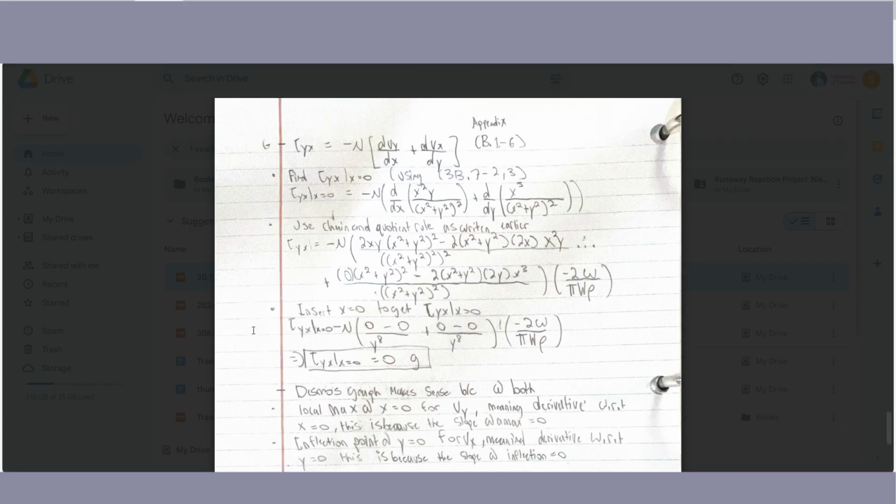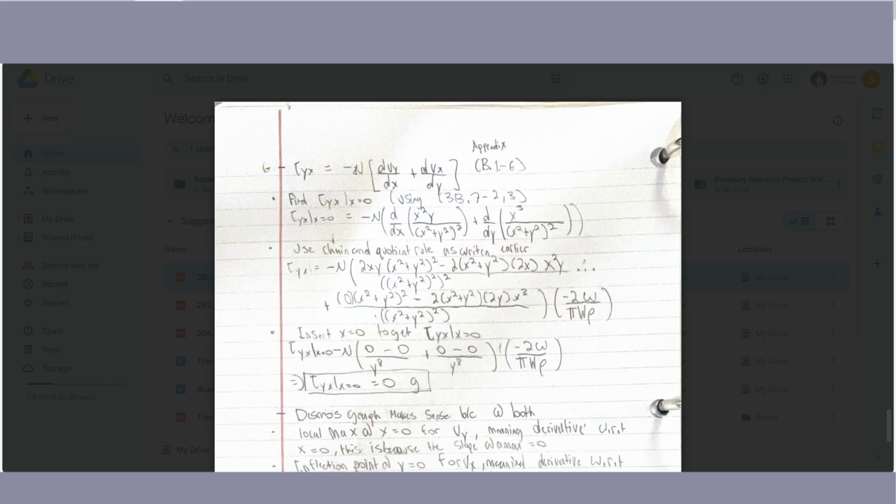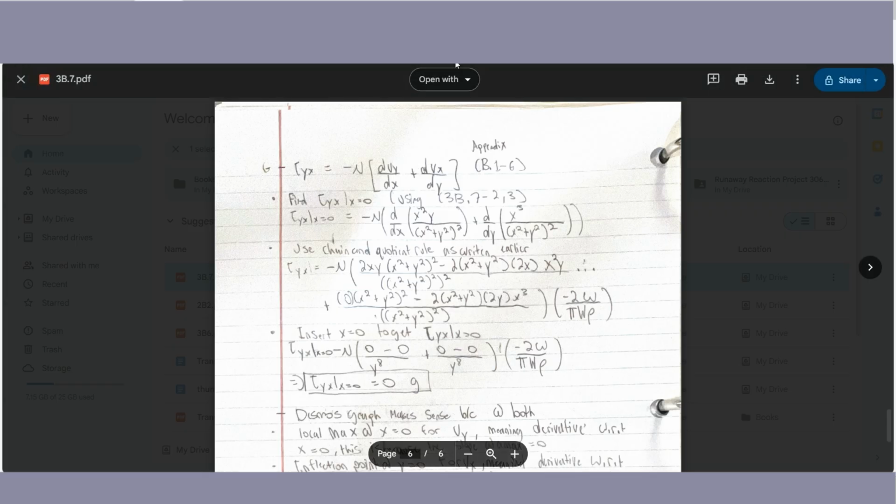Tau yx equals 0. So if we look at this expression here, the derivative of Vy with respect to x equals 0, and the derivative of Vx with respect to y equals 0, because this whole expression equals 0.